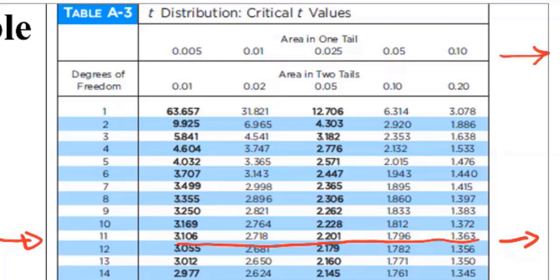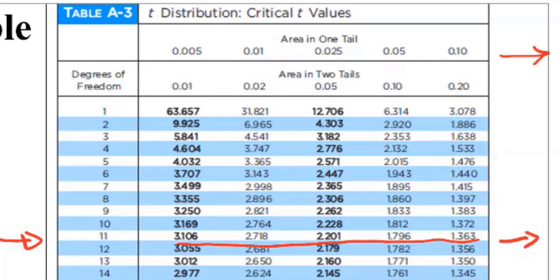Look at it. The very first one is 0.005, 0.01, 0.025. And so what is the trend? They are getting larger and larger. The last one is 0.1, corresponding to 1.363. So what is the one we want? We don't have it, but for sure, according to the table, it is larger than 0.1.